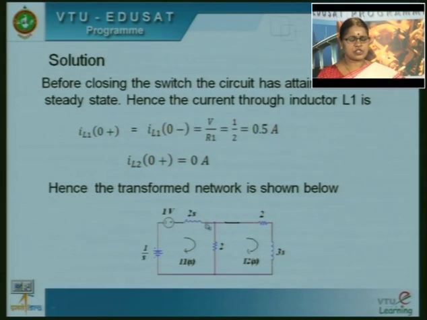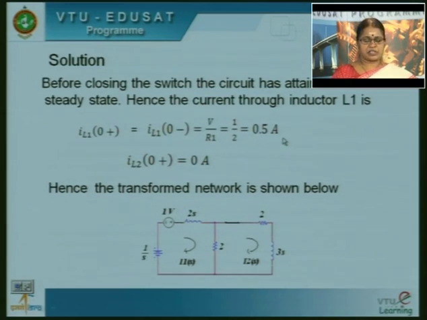And if you look at this 2 Henry inductance, it has an initial current whose value is 0.5 amperes. So, we know an inductor which is carrying an initial value of current can be replaced by an inductor of value Ls in series with a voltage source whose value is given by L into I at 0 minus. L value is 2 Henry, I at 0 minus is 0.5.